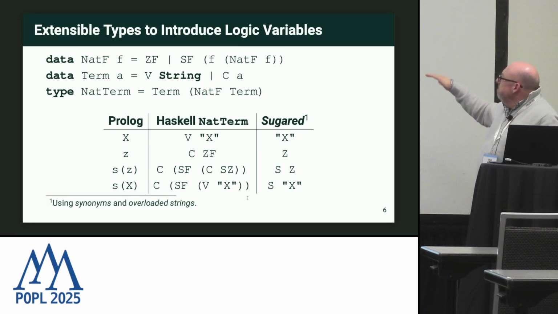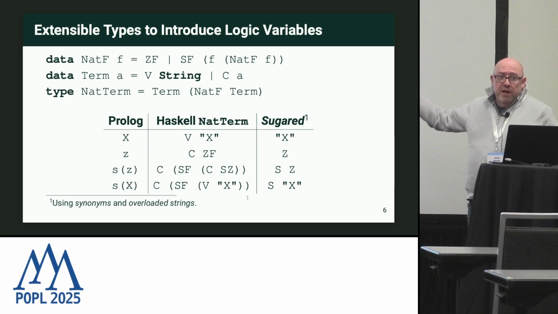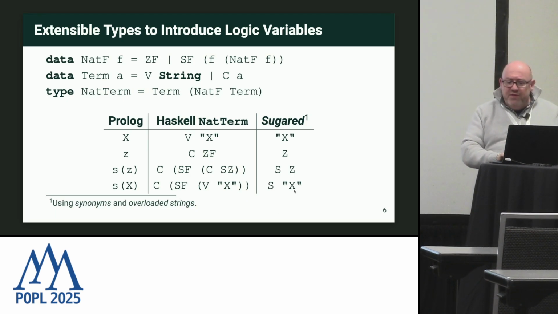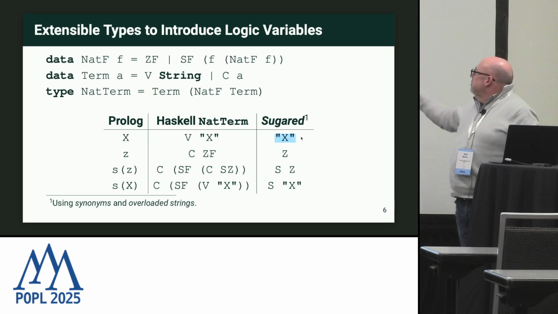So in the end, there is a library that performs this at compile time by program transformation, and there is also some desugaring. So from the x variable in Prolog, you would obtain the nat term term v of x, but you can desugar this, so you don't have to write the v.